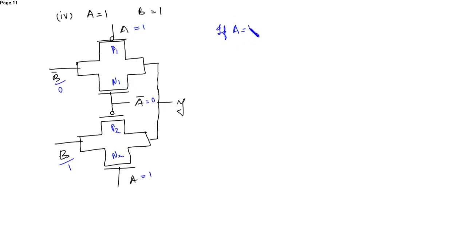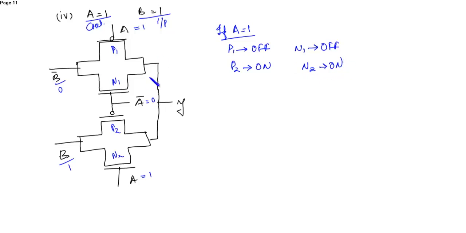So if A is equal to 1, since this is the control signal and this is the input, if A is 1, then P1 will be deactivated or it is off. Here also N1 will be off. P2 will be on and N2 will be on. From this you can see P2 is on and here N2 is on.